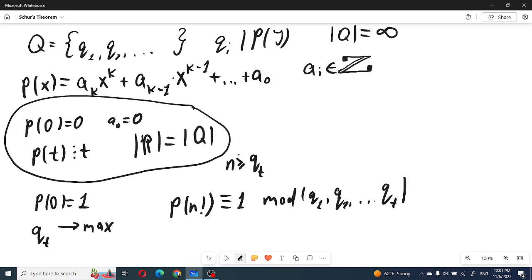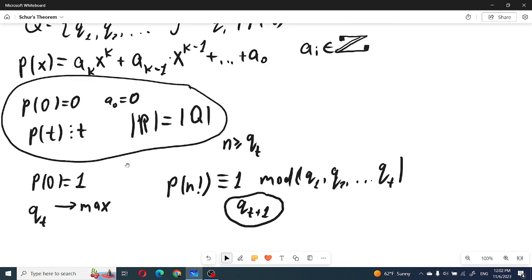Because n factorial is divisible by q1 times q2 times up to qt, and we know that p of 0 equals 1 mod every one of these prime numbers. So this number will have a different prime which is not in Q. So we can generate another number q_(t+1) which is not in Q. This is our contradiction to the size of Q being finite. If we make this process infinitely many times, we will prove that the size of Q is also infinite.